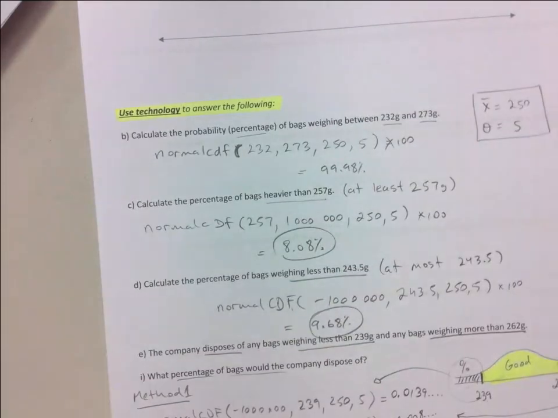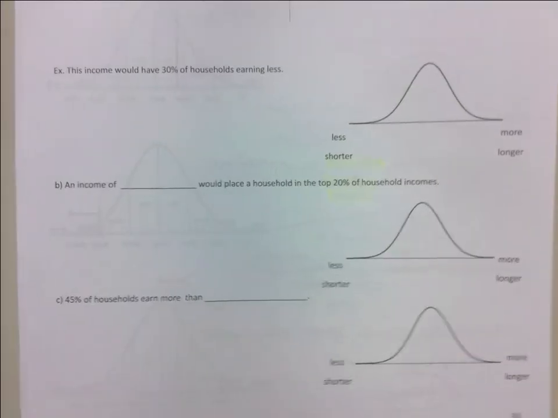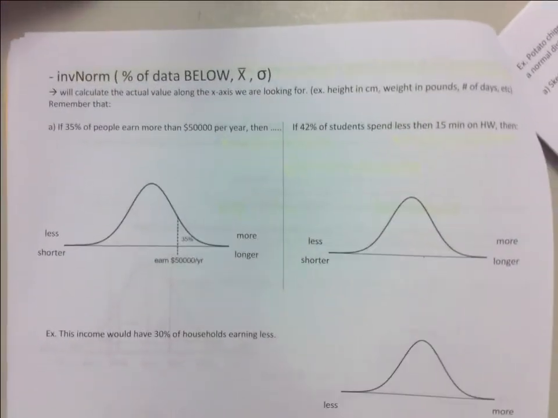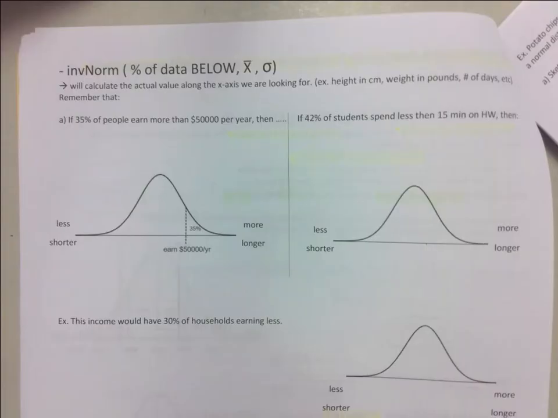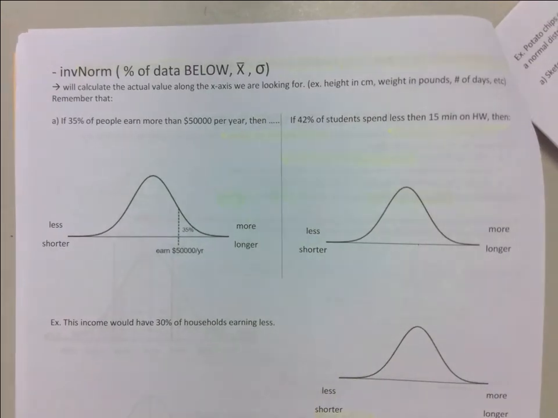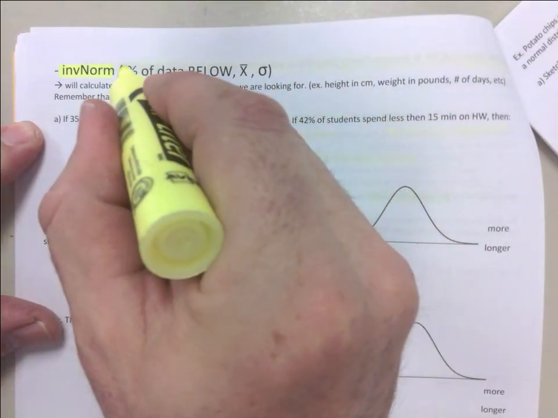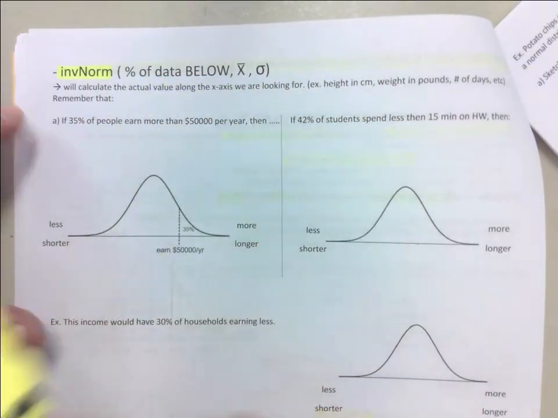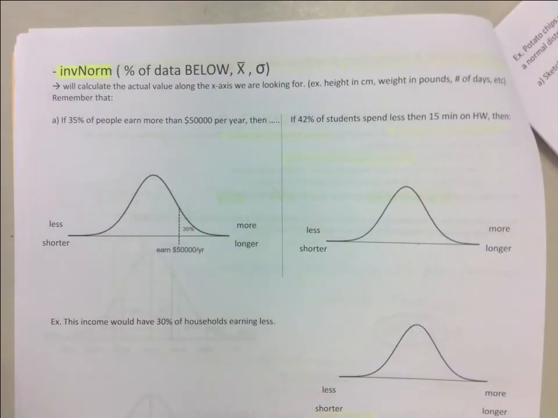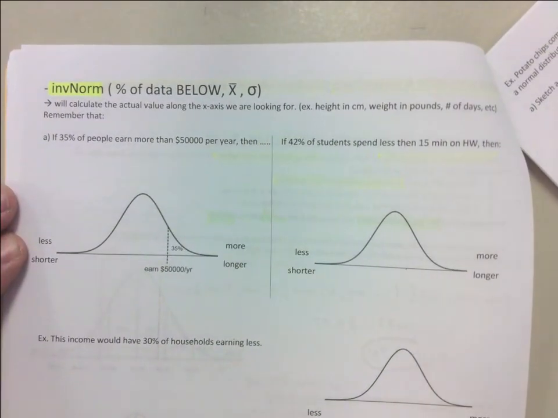Let's go back to inverse norm, page 33. You're going to work on the next page once I'm done with inverse norm. And then tomorrow we'll do a study sheet entry for these guys, okay? Next one is inverse norm. Percentage of data below X, mean, and standard deviation.